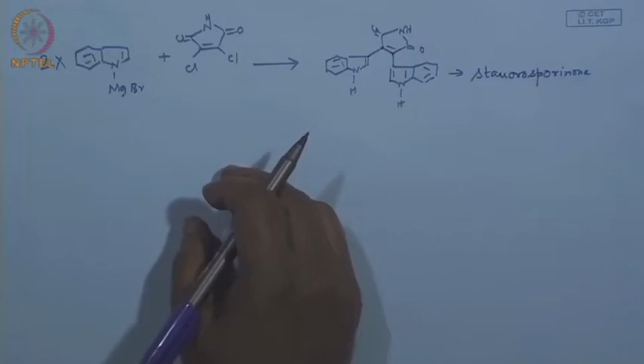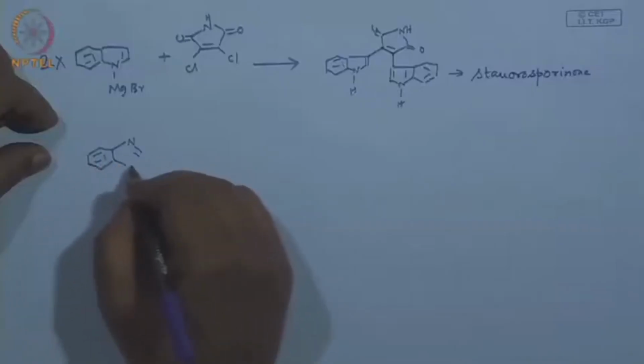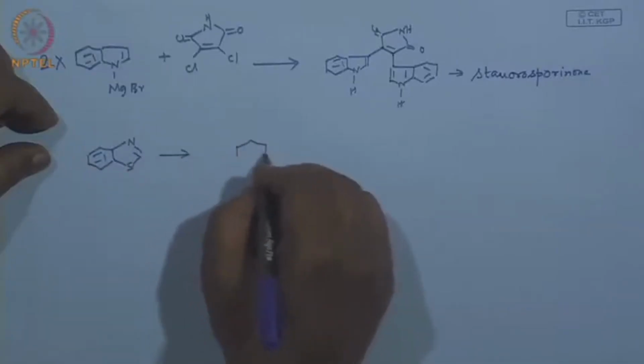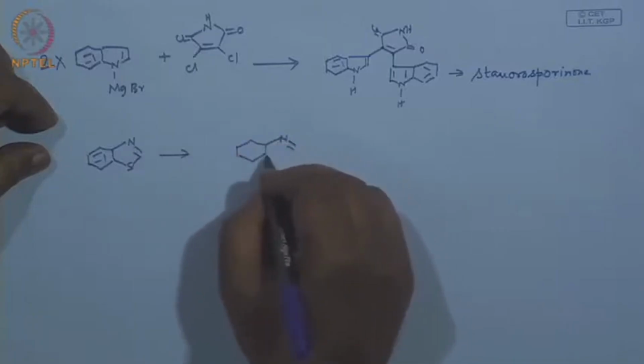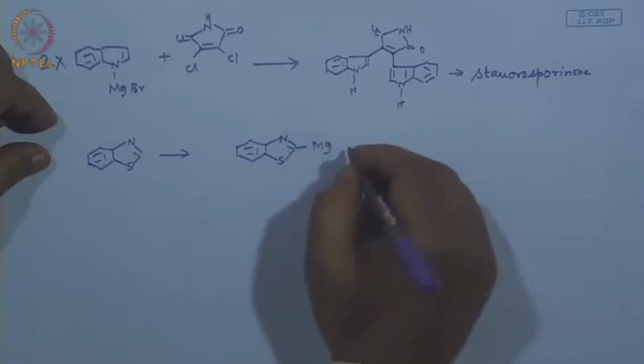So now let us say what next. Again, we restrict our examples to organomagnesium and 5-membered rings. For example, if you are to make a benzothiazole organomagnesium compound, something like this X, what reagent would you choose?